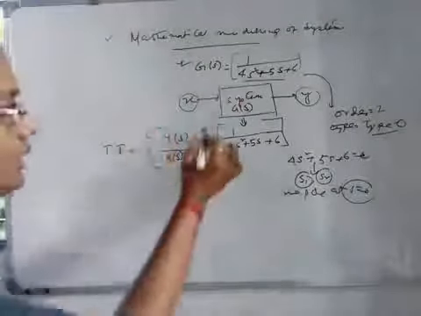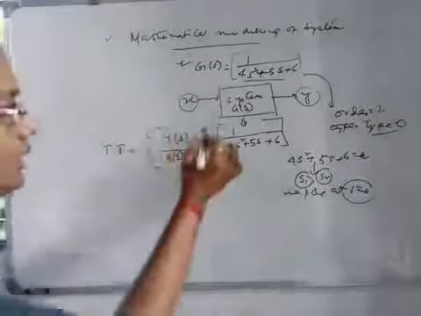If this is the current passing through L, then L di/dt is your v0(t). So the voltage drop across the inductor, that is VL, is equal to v0(t). That is the output of this system, and vi is at the input.